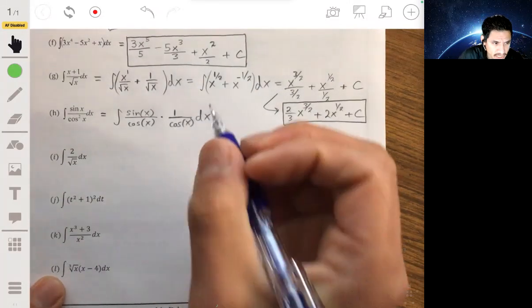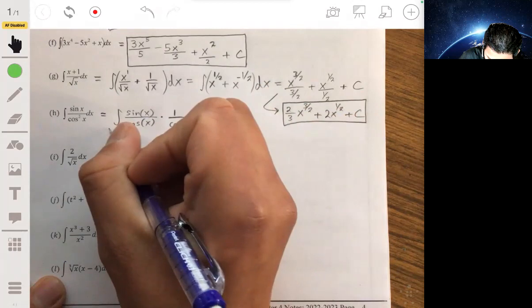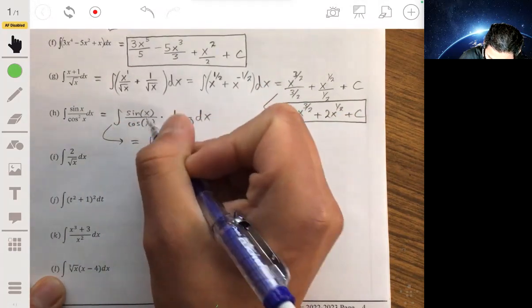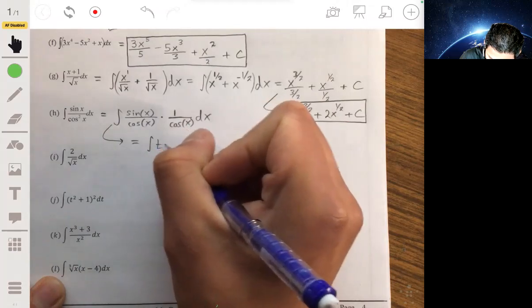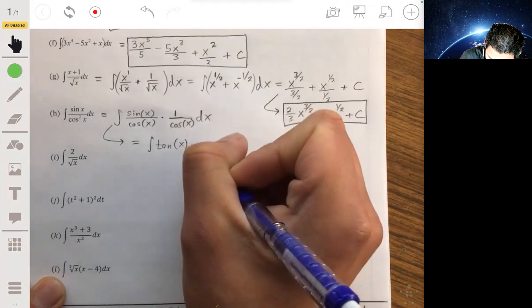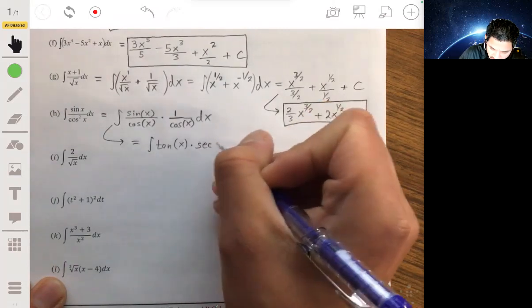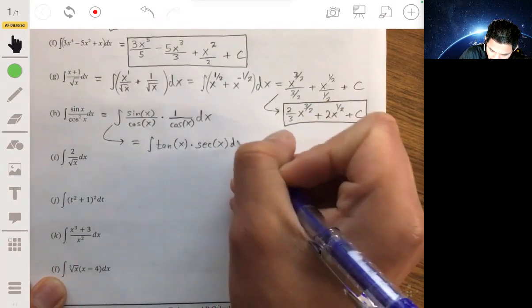Now we do that because then you can see that this will be equal to sine of x over the cosine of x, the tangent of x, times 1 over the cosine of x, which is the secant of x, as you should know, dx.